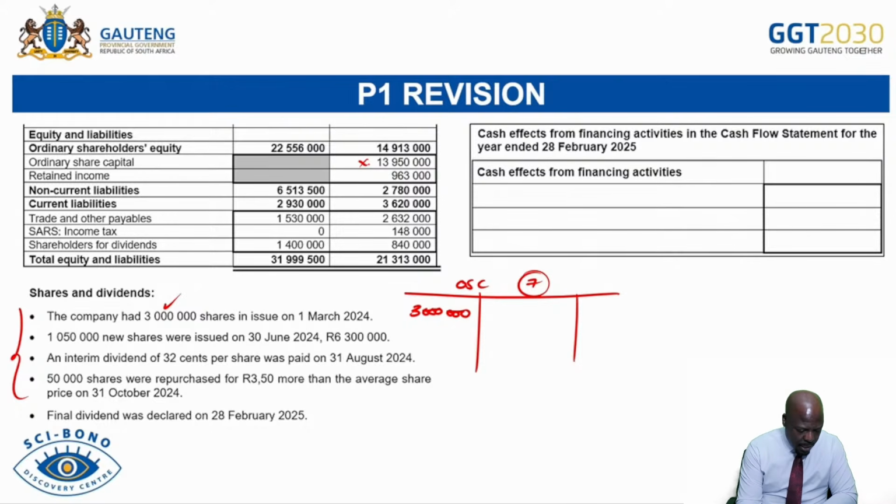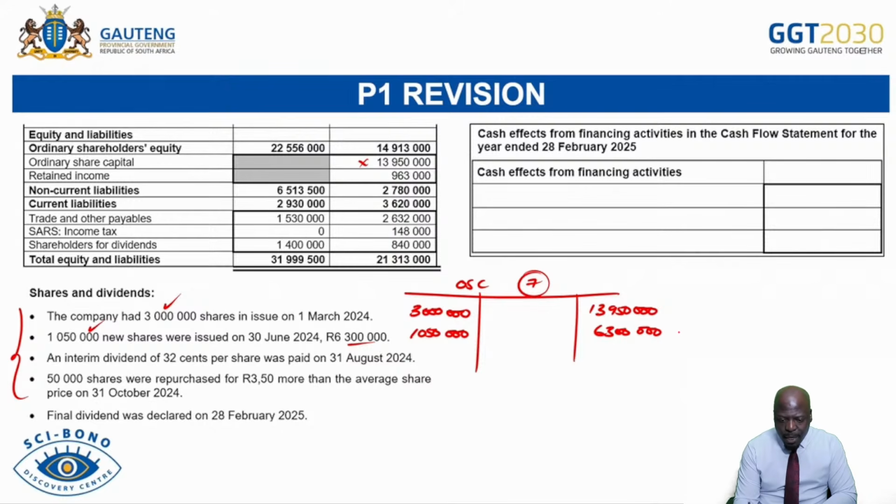Yes, 13,950,000. So 13,950,000 there, like that. And then they say 1,050,000 new shares were issued. All right. And we received 6.3 million.